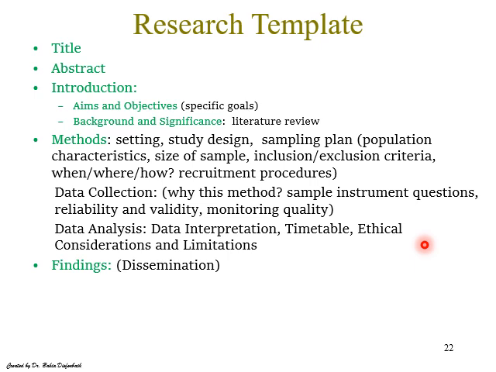Then you have the data analysis, the interpretation. This is where you interpret the analysis and the results, timetable, ethical considerations and limitations. For this one specifically, I'll give you an example.